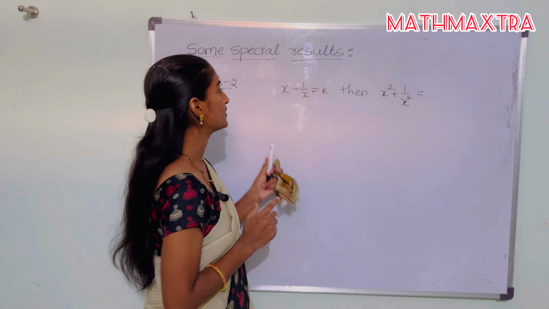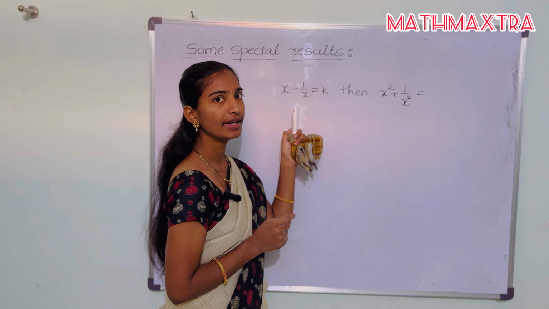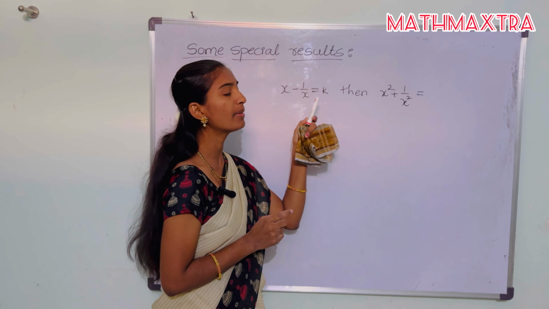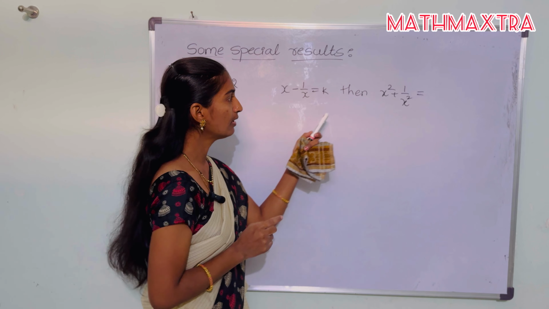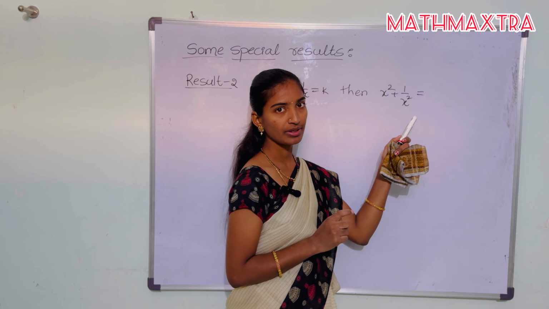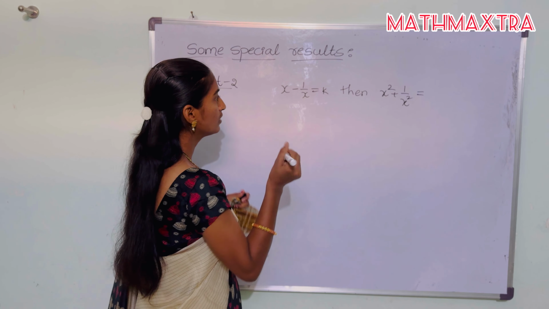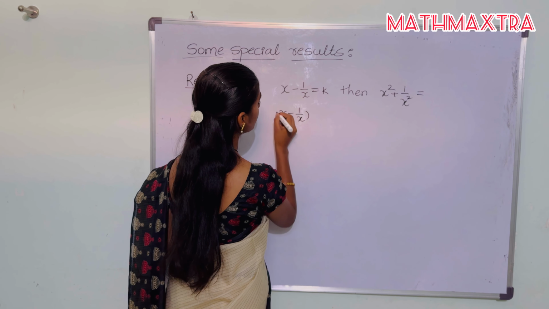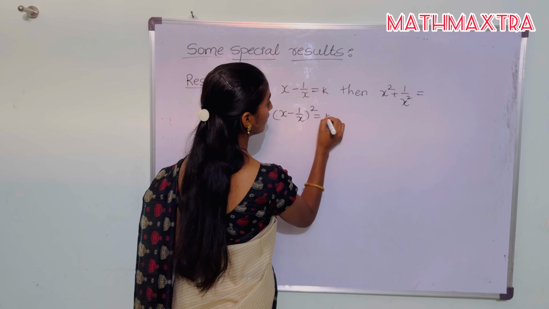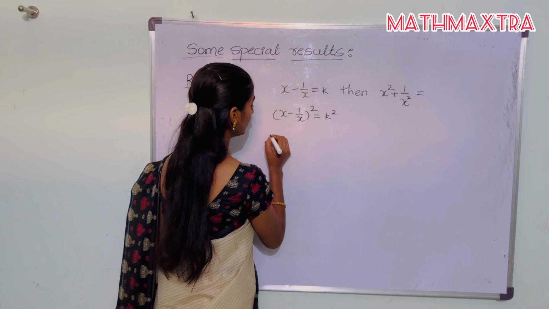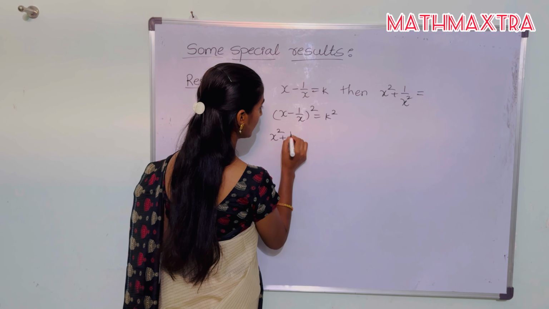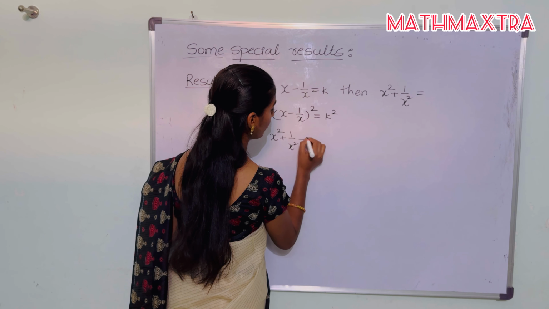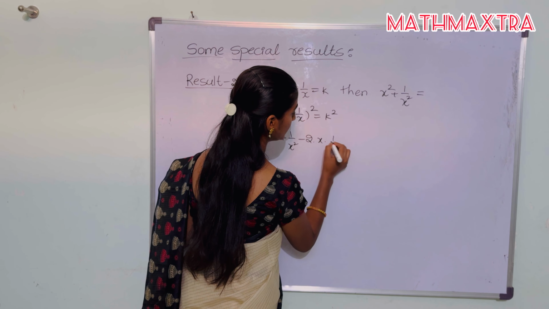Result 2 is whenever we get in a question that x minus 1 by x is equal to k, then what is x square plus 1 by x square? Now squaring it on both sides, it is looking like (a minus b) whole square, which is equal to k square, isn't it? If you simplify this, x square plus 1 by x square minus 2ab, right?